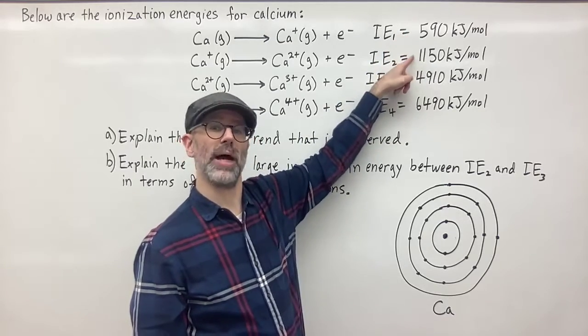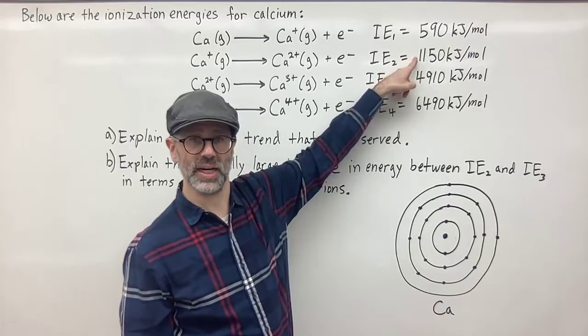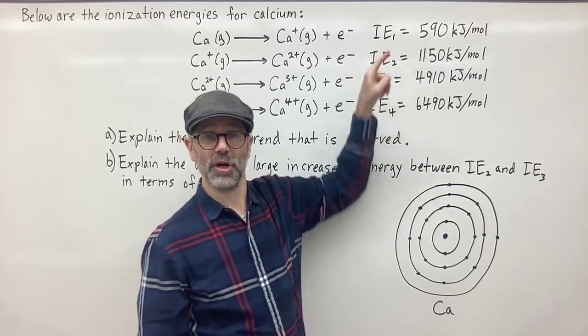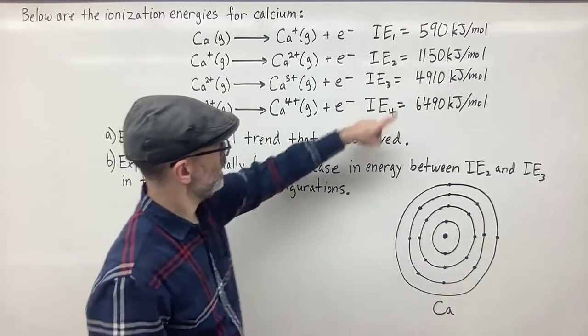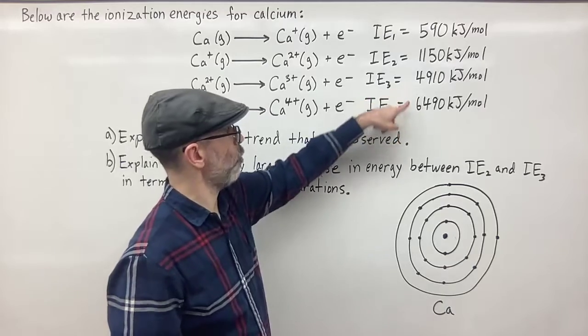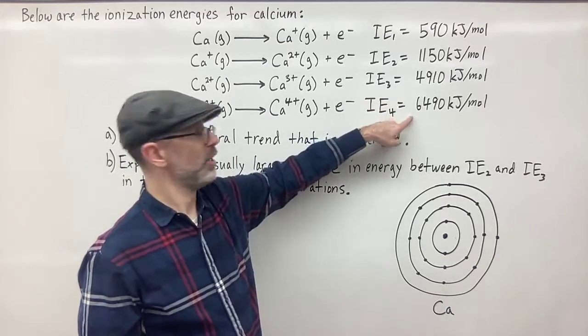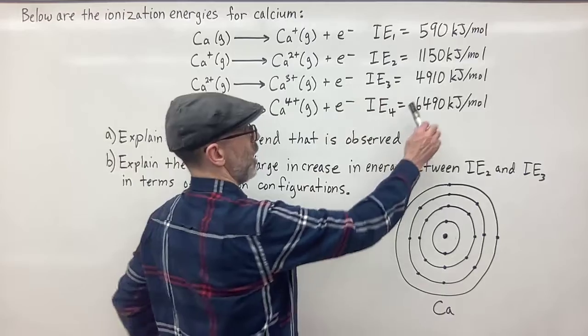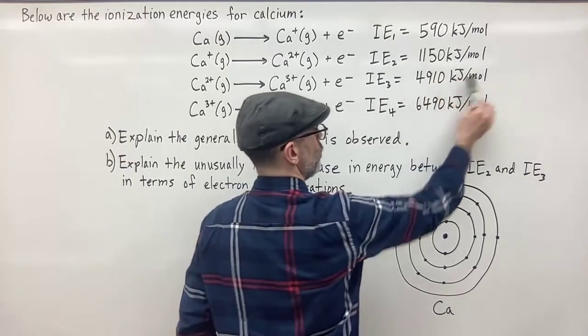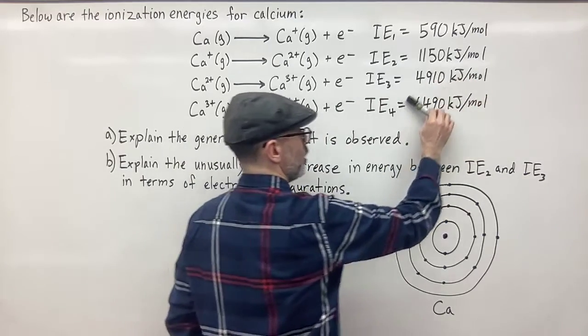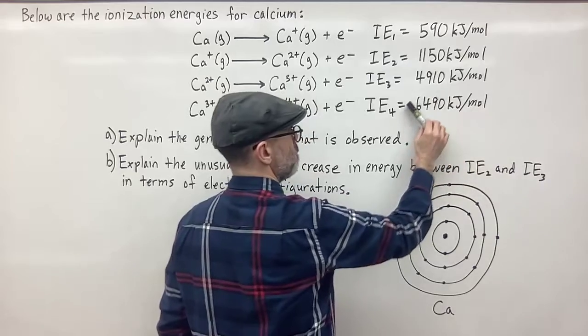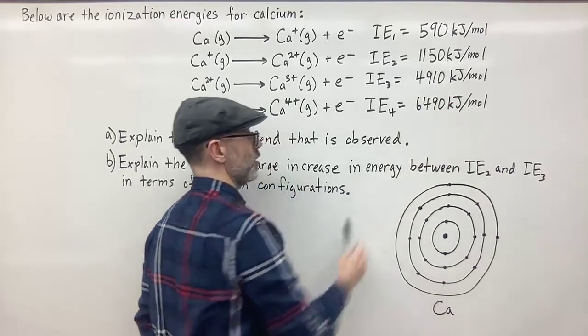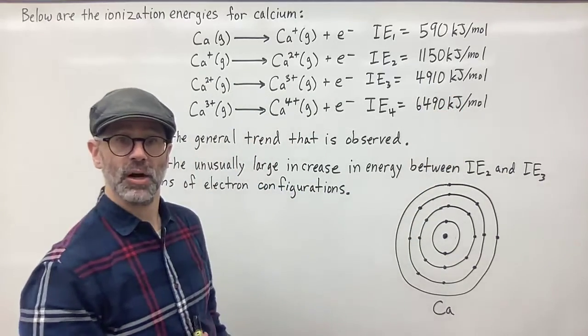So you need twice as much energy to remove the second electron than you do the first. If you look at the third and fourth electron, you'll see that the amount of energy needed to remove the third electron compared to the fourth electron, the difference here is not even double, right?